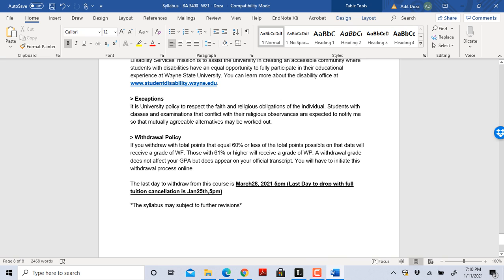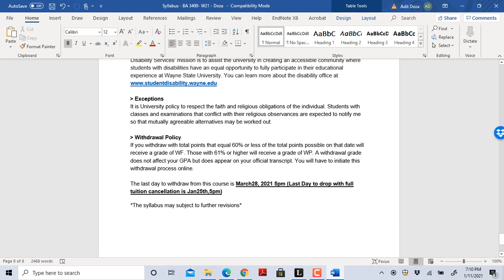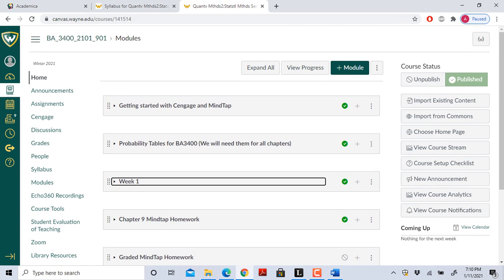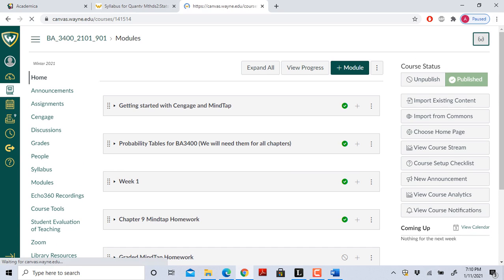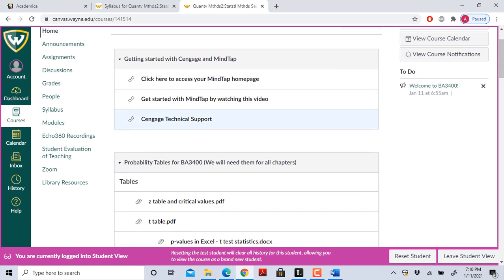So make sure you do this, and let me also show you how the module page will look. Okay, let's look at student view. So these are the things that I have uploaded.